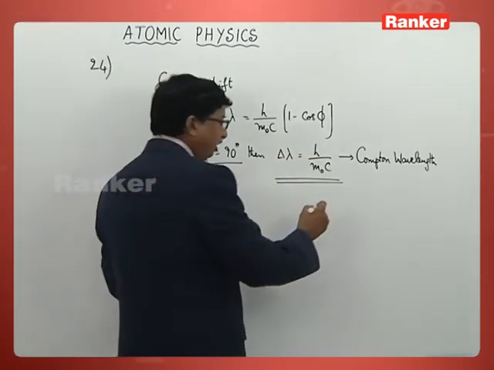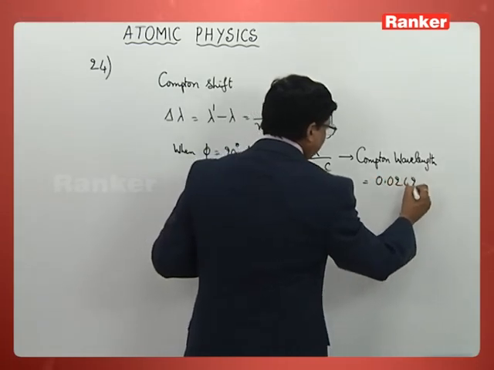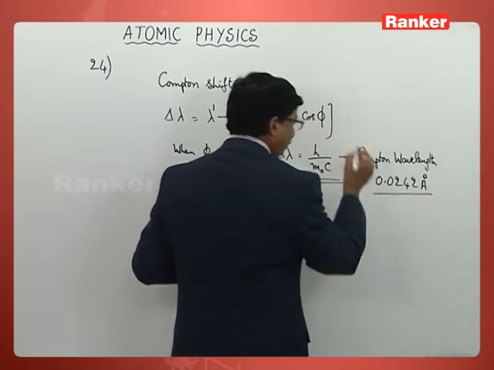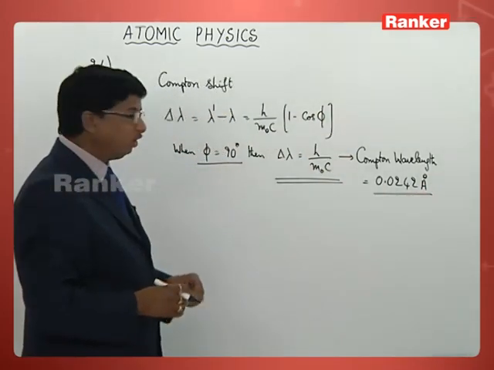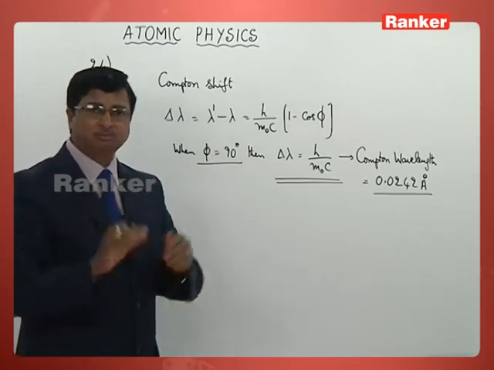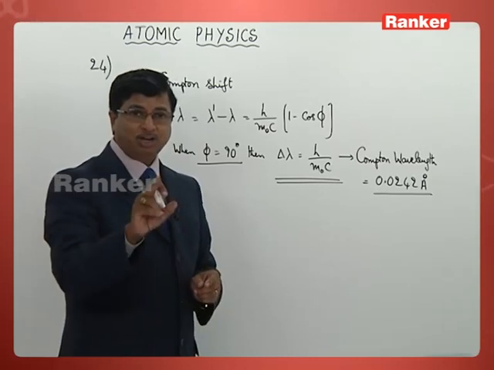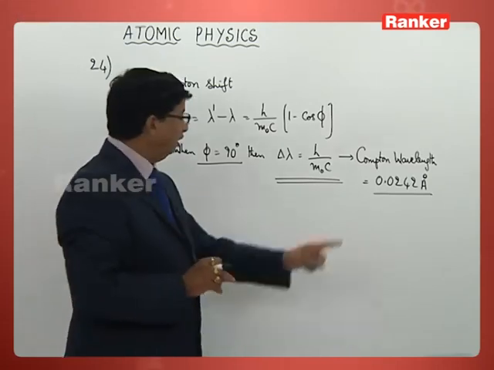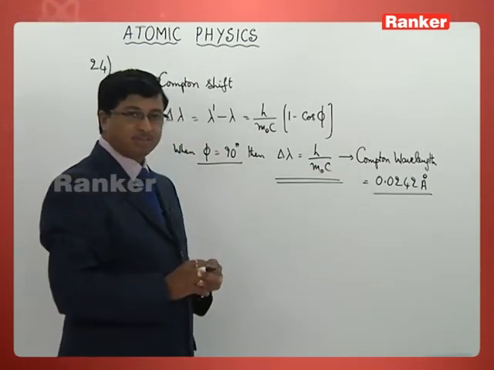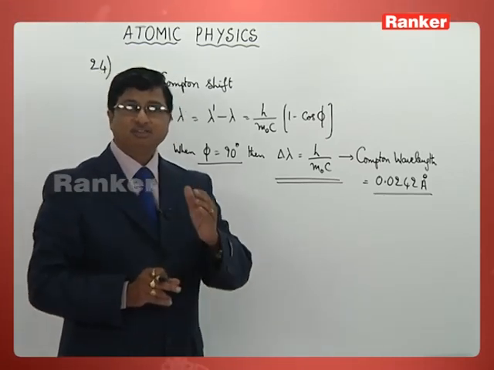What is that value officially? This value is 0.0242 angstrom units. That is a standard value. And if you look at this equation carefully, you can understand one point. What is that? Compton shift is independent of the scatterer.